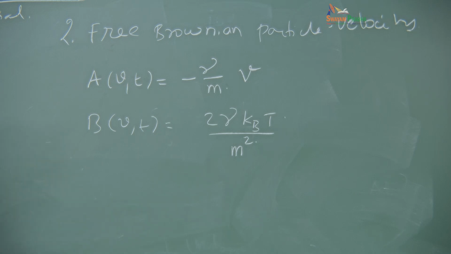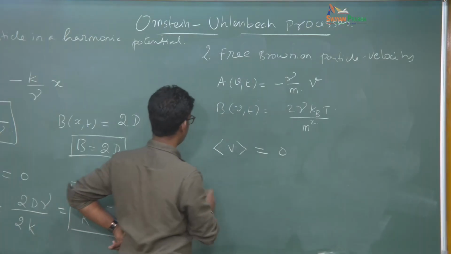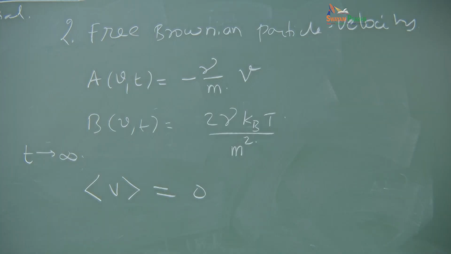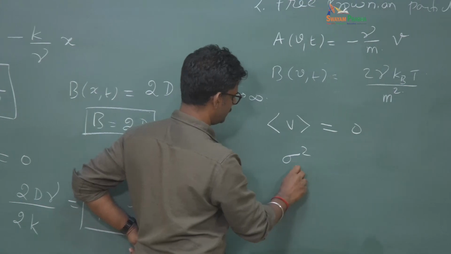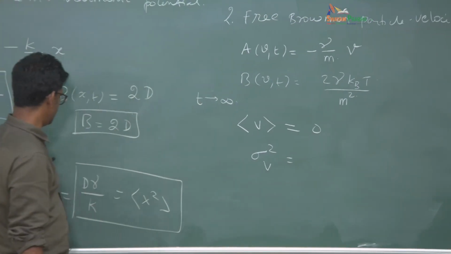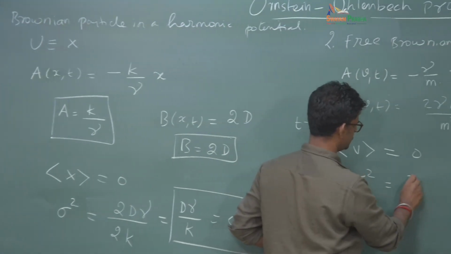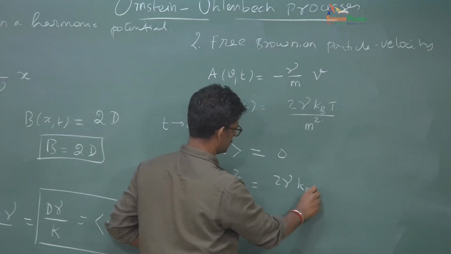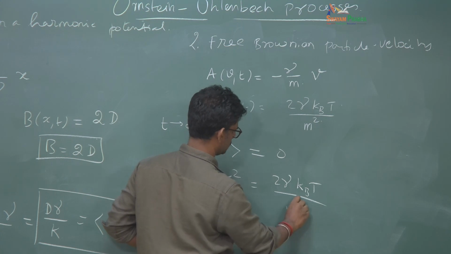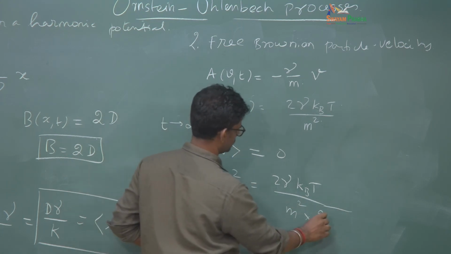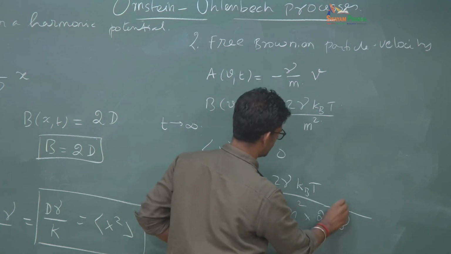So in this case, we see that the average velocity will go to 0 as t goes to infinity, and then the variance of velocity v becomes B by 2A. B is this, and A is gamma by m.